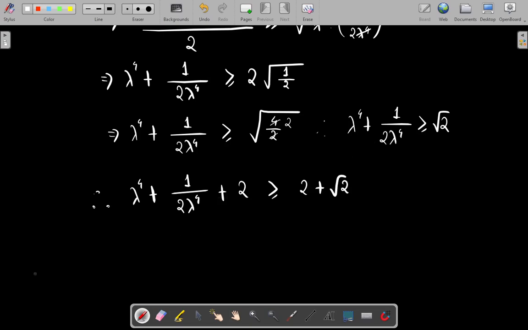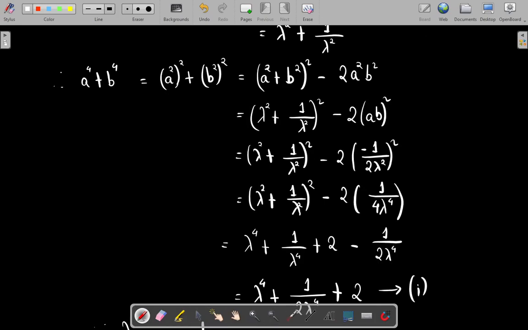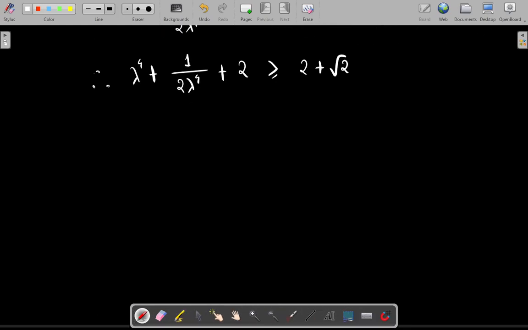Okay, now this expression on the left hand side, lambda to the power 4 plus 1 upon 2 lambda to the power 4 plus 2, is nothing but a to the power 4 plus b to the power 4, right? From equation 1. So a to the power 4 plus b to the power 4 is greater than or equal to 2 plus root 2, using equation 1.